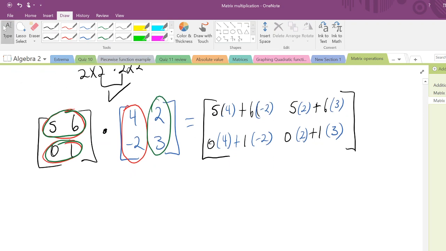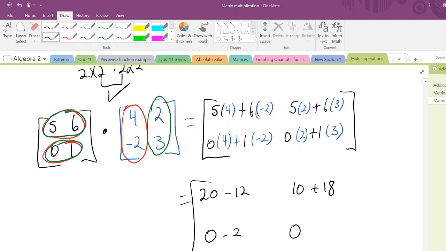Now if I simplify this, if I keep going, right, so the first one, 5 times 4 is 20. So 20 minus 12, and then I have 10 plus 18, and I have 0 minus 2, and 0 plus 3.